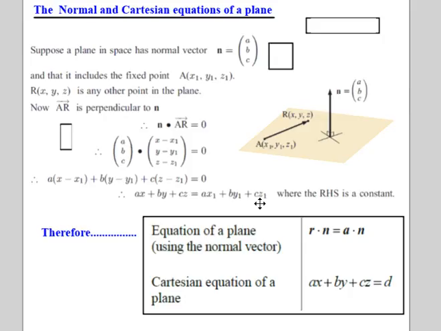And that's the Cartesian form of the plane given here in the formula book, where they've written d for the result of this. And notice, like at the end of the last video, the coefficients of x, y, and z give the components of the normal vector.